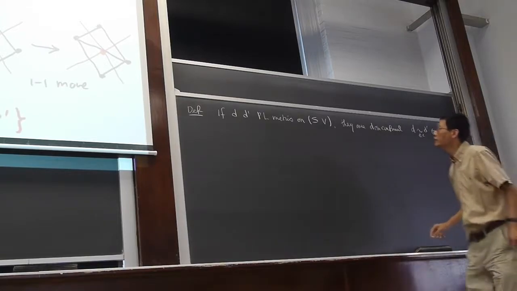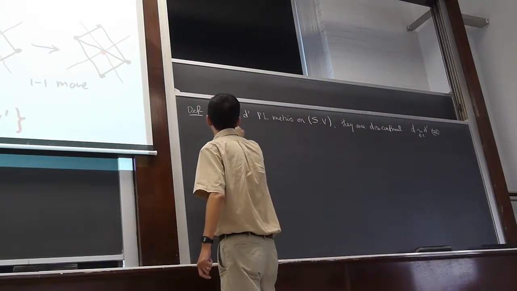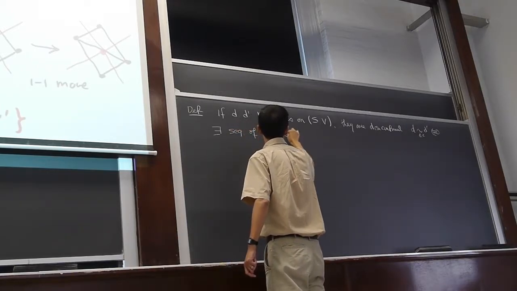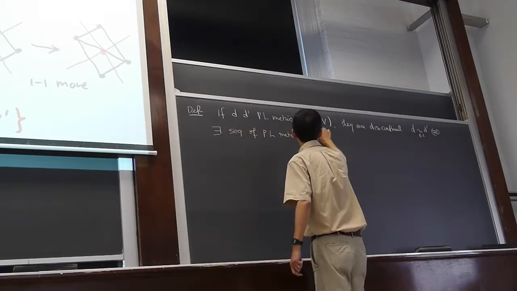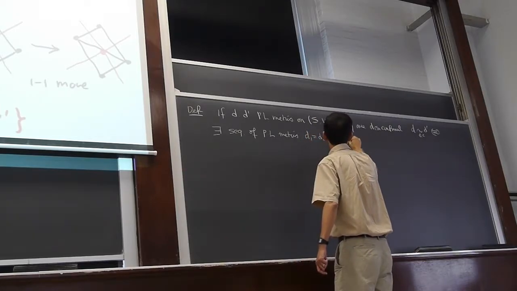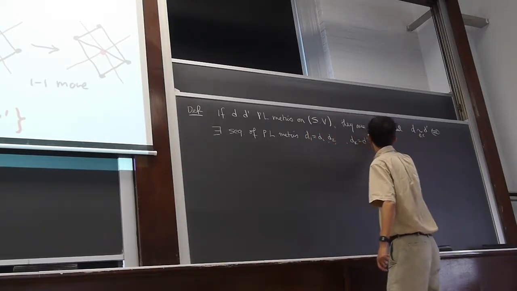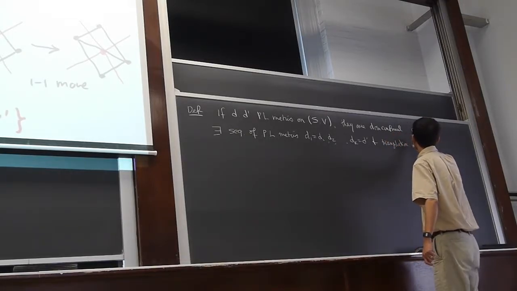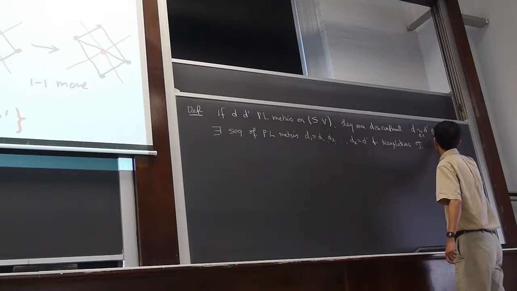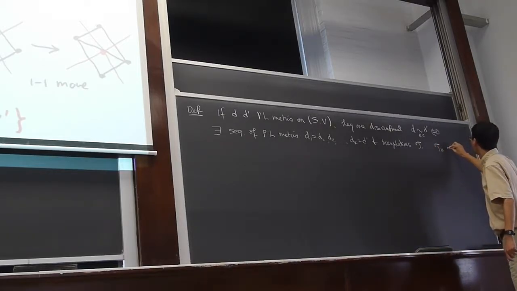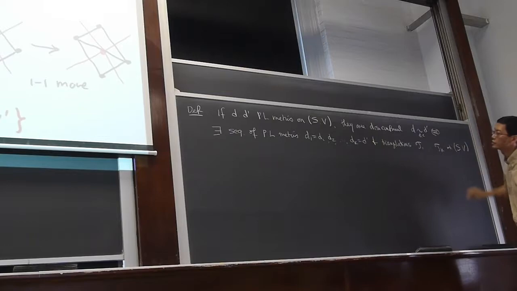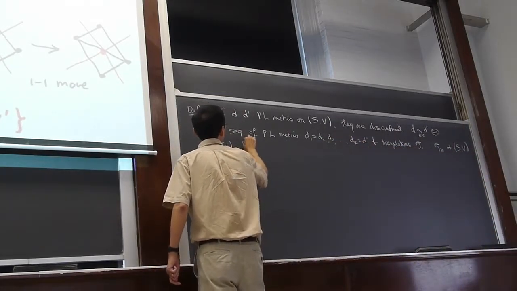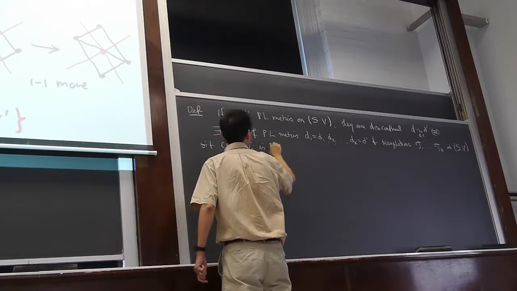If you can find a sequence of PL metrics D1 equals D, D2, ..., Dk equals D prime, and triangulations F1, ..., Fk on this marked surface, such that first, Fi is Delaunay in Di.